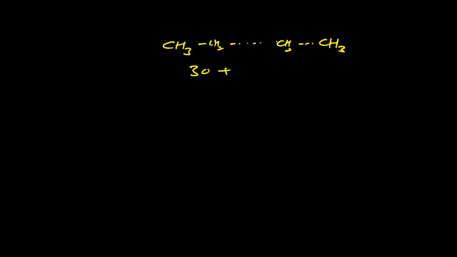And how many times CH2 are there? Those many times you need to do 14. So for example, octane will be 30 plus 6 into 14, that is 114. Here octane means 8 minus 2, 6 into 14.